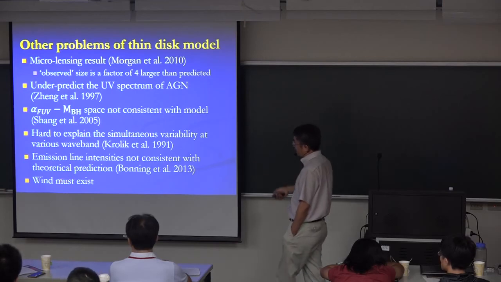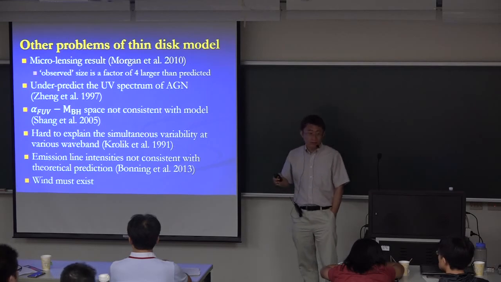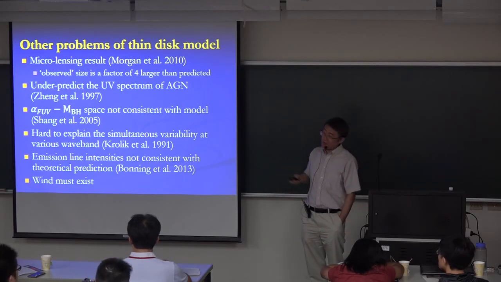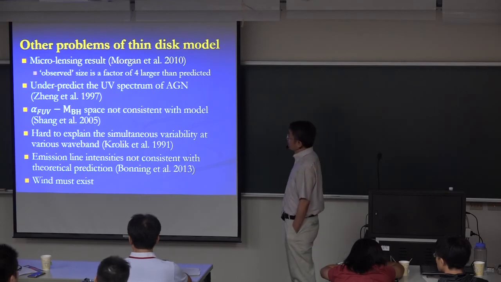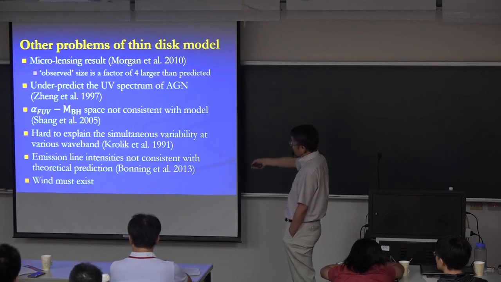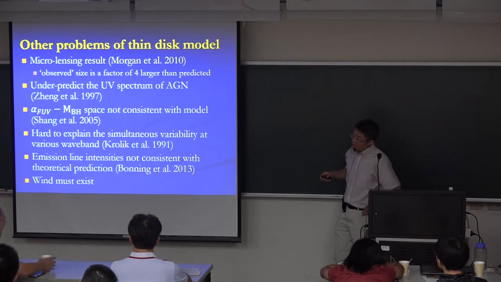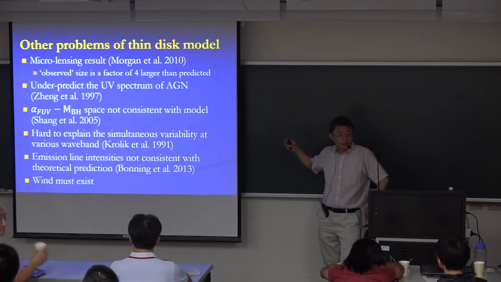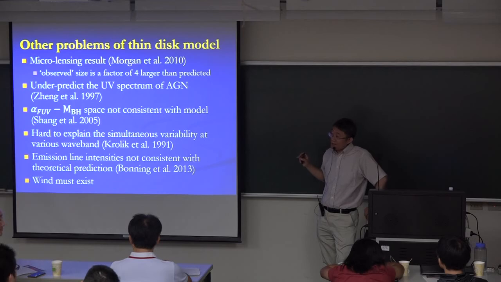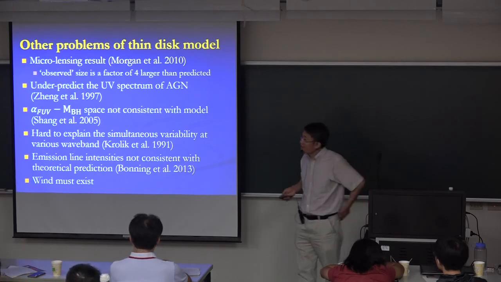But in the standard thin disk theory, we cannot take the wind into account. It turns out the wind is very, very strong, as I will tell you later. So all these things are the problems we now face with the standard thin disk model. Even the fitting of the optical-UV spectrum, the so-called big blue bump, as I showed you from a 1989 paper, people now recognize the fit is not perfect. There is a very strong conflict with observation.